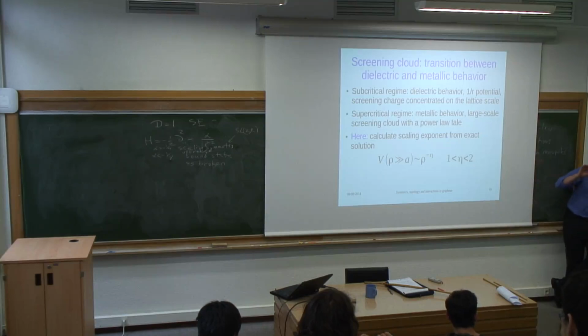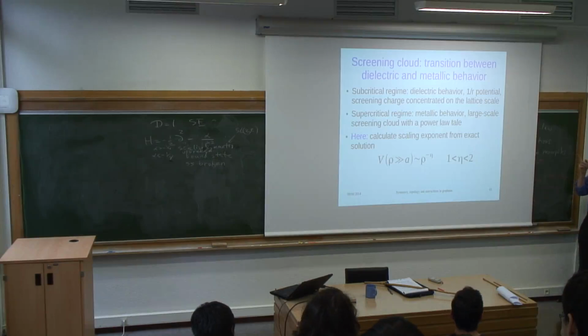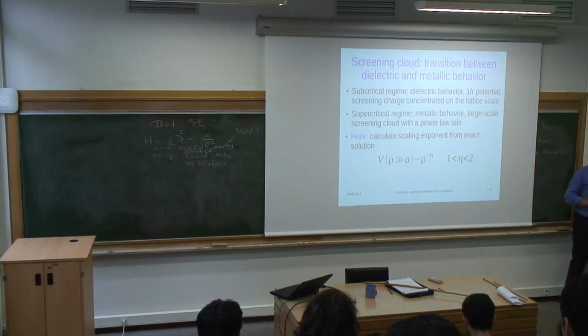And that means that the screening cloud in a dielectric looks like a delta function sitting on top of that same charge, right? So this is what happens in graphene in a subcritical regime. If you take undoped graphene, put a charge impurity in it, and compute the screening cloud, you find that it's a delta function, and it's not surprising because a delta function in 2 dimensions has the same scaling dimension as charge density.